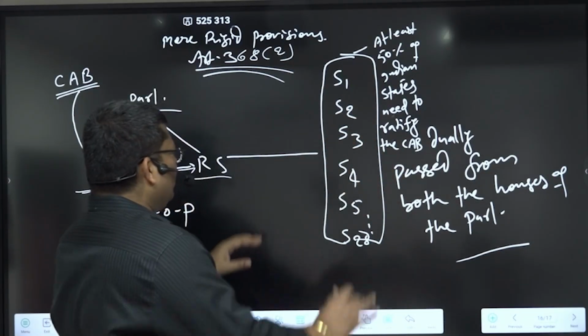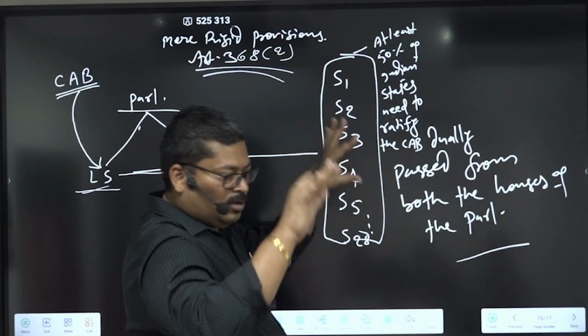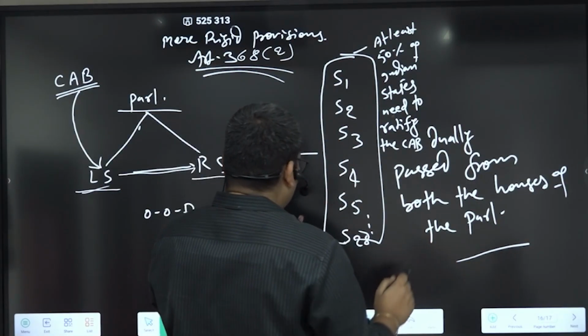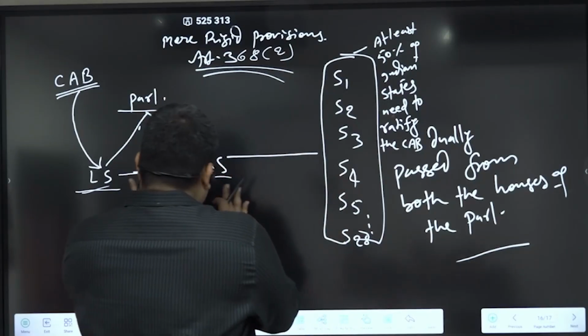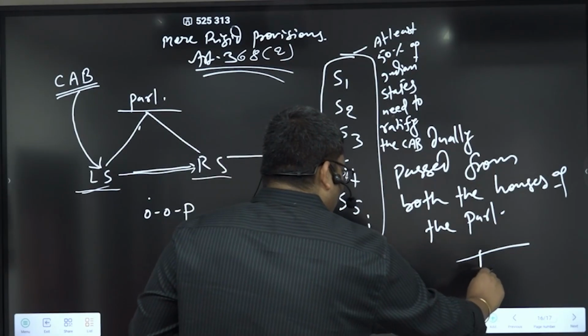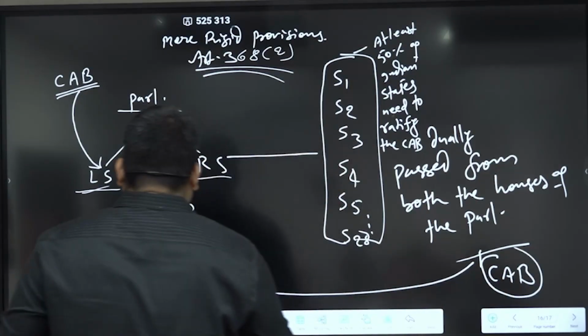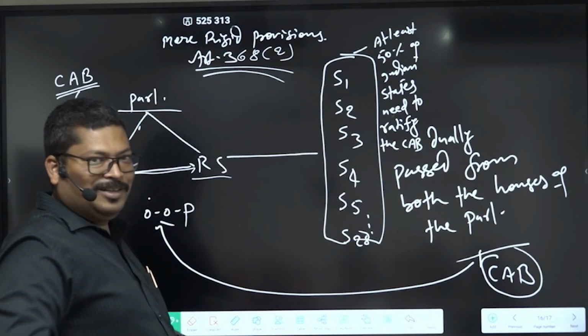Let's say at least 50%, a minimum of 14 states out of 28, have ratified the constitutional amendment bill which has been duly passed from both the houses, then this constitutional amendment bill will be sent to the office of the president.